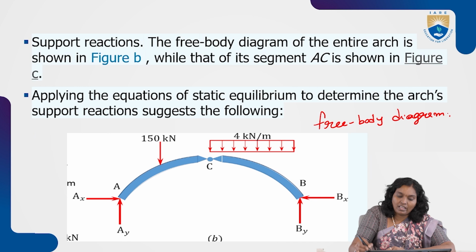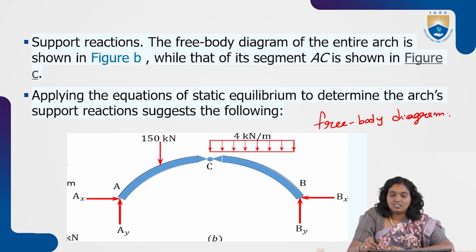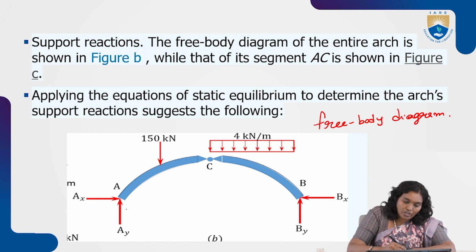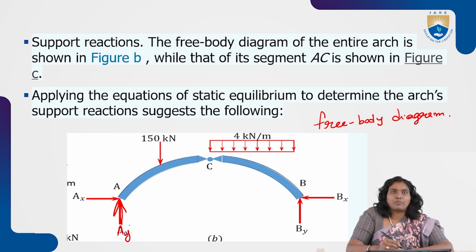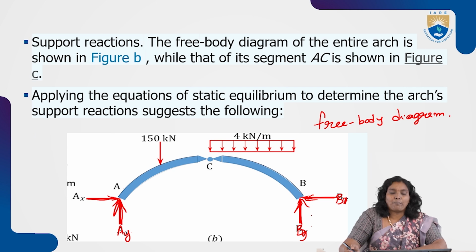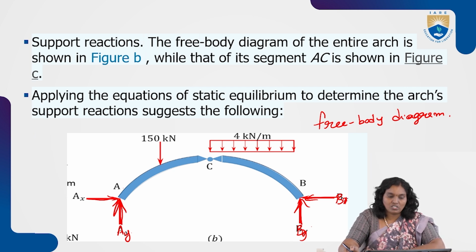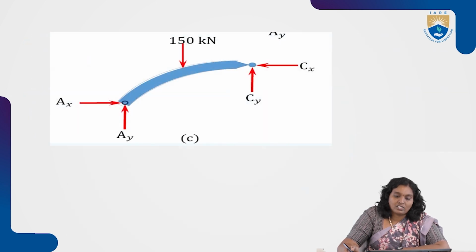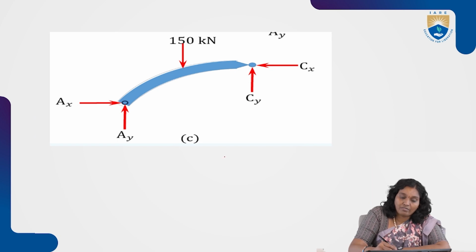So first draw it for the entire arch. For the entire arch we have Ay upwards at point A, and Ax at A, and also Bx and By. These are the things involved here, and we apply the static equilibrium equations to determine the reactions. Then draw the free body diagram for one side.